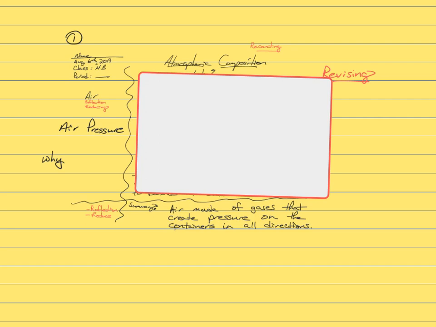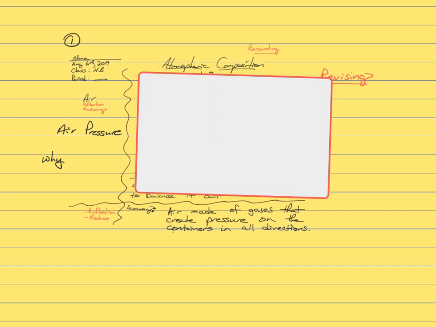So one of the questions, as I was saying earlier, is why does the straw with a thumb over the top not drop the water?